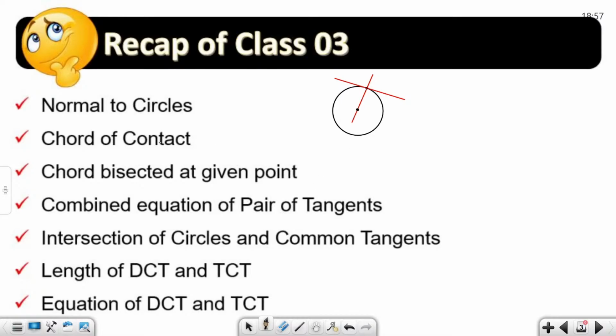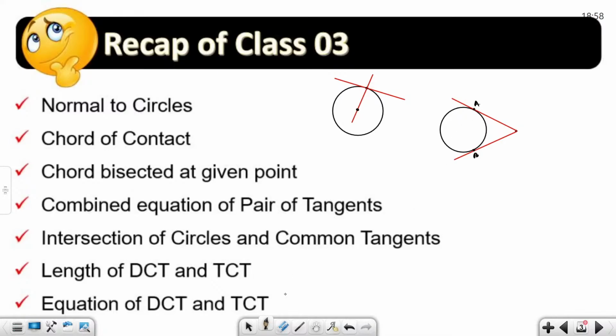Okay. Next comes the chord of contact. If I draw a circle, and from a point outside this circle we draw two tangents, let us say these two tangents are intersecting at a point outside the circle, and let us say A and B are the two points where the tangents are touching the circle.